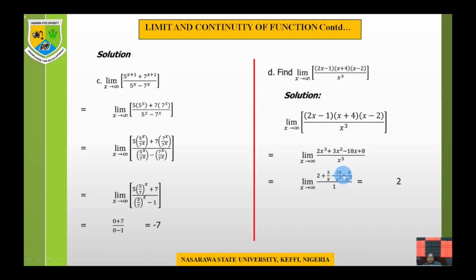The same thing with the third term and the fourth term here. So the only term that will not be 0 is 2. And the limit of 1 as x goes to infinity is also 1. So you are going to have 2 over 1, which is equal to 2. So the limit of this function as x goes to infinity is 2. That's the final answer.